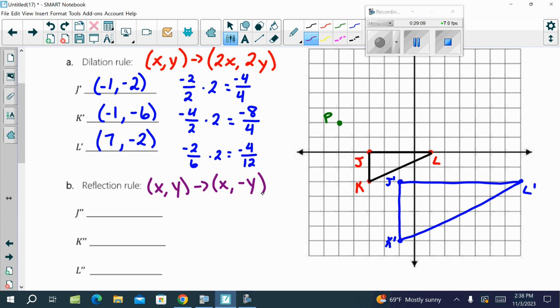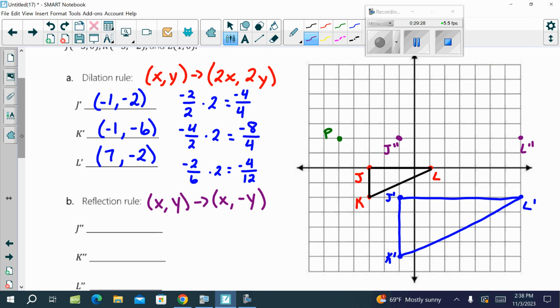You can apply the rule or you can do equidistant. So I'm going to go ahead and just do equidistant real quick. J double prime, L double prime, and K double prime.